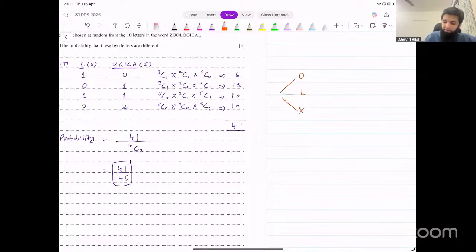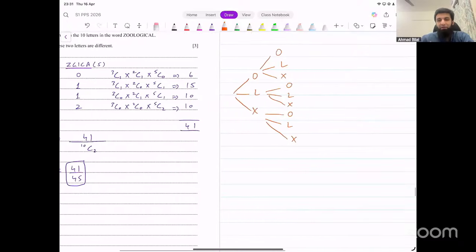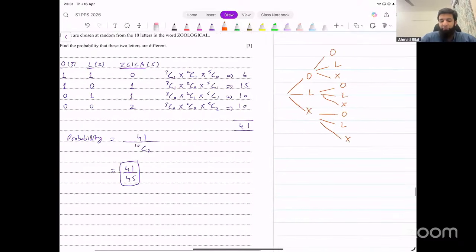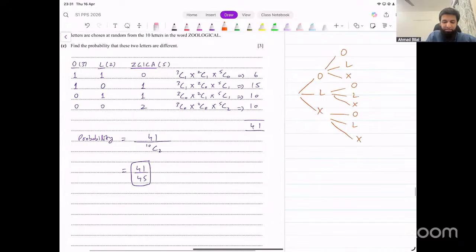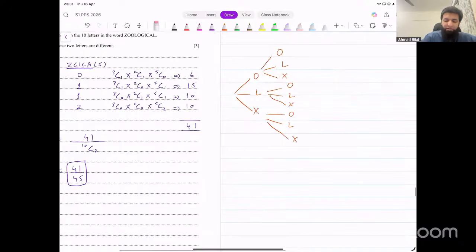Let's call that X. Then in the second step, O, L, X, O, L, X. X means remaining letters. O, L, X. We can only do this because we're just selecting two letters. If it was more than two letters, you can see how big the tree diagram would become, and then it will not be very efficient anymore. But in this case, since we're just selecting two letters, it'll just be two steps in the tree diagram. This will be pretty efficient as well.